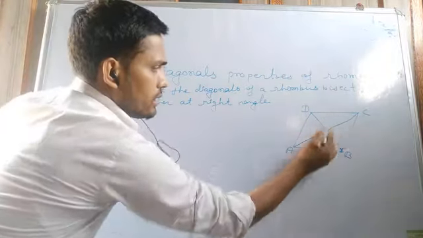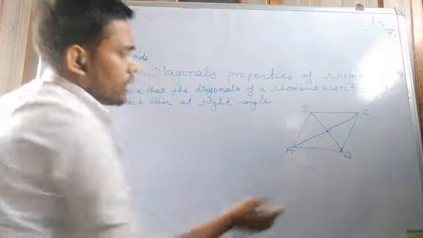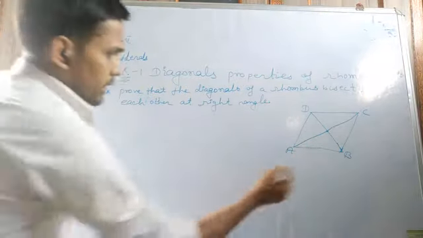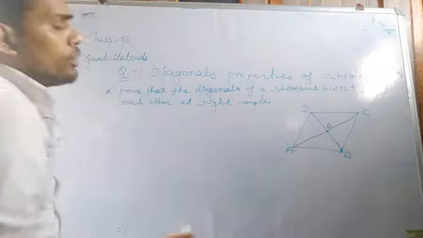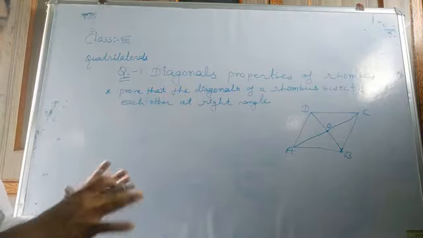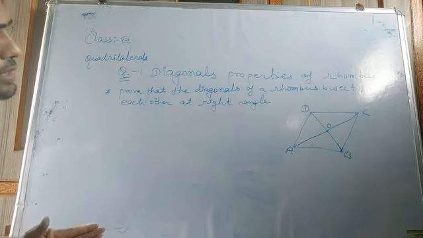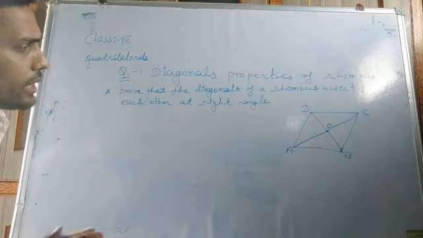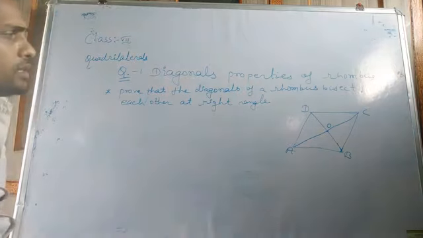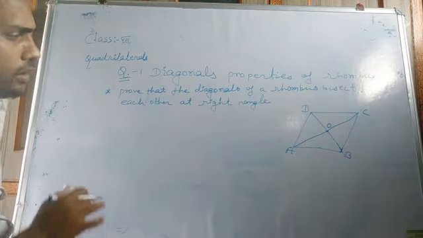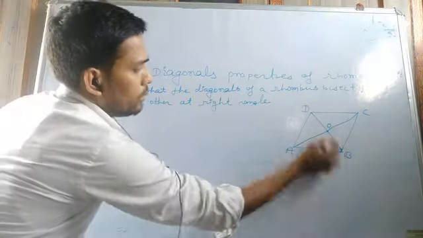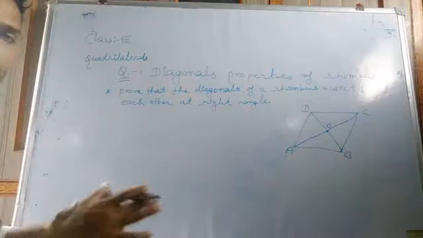BD and AC are the diagonals, and the point where they meet is named O. In this figure, AB, BC, CD and AD are the sides, and BD and AC are the diagonals of the rhombus.